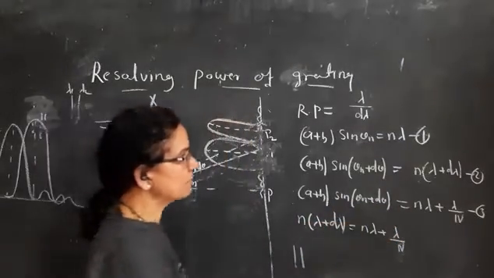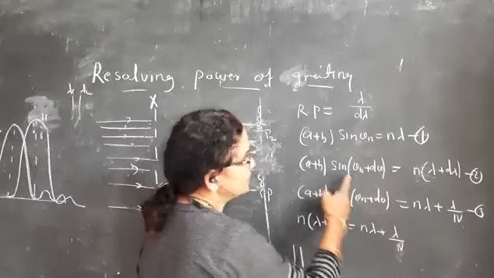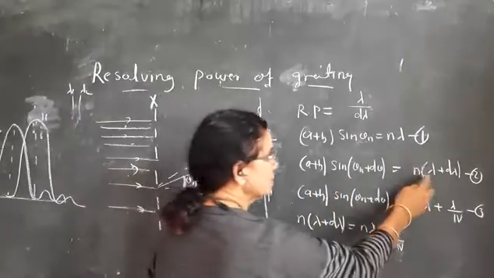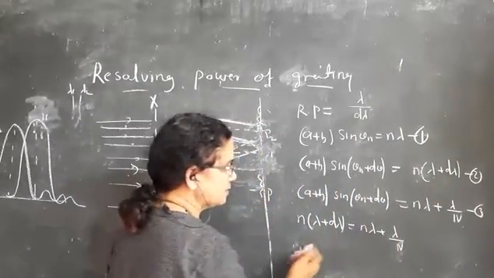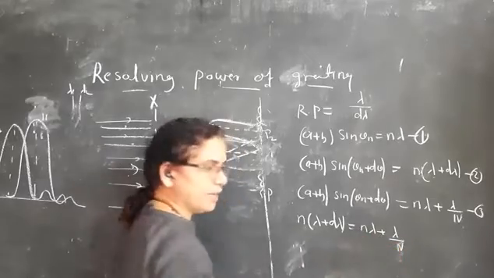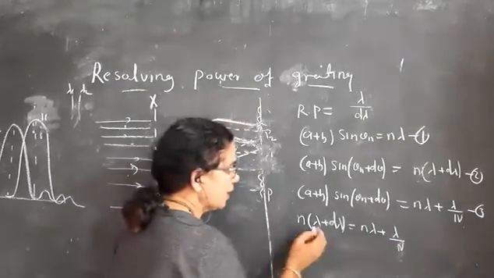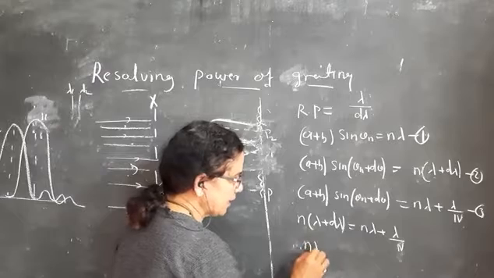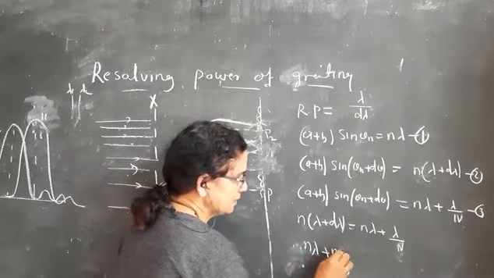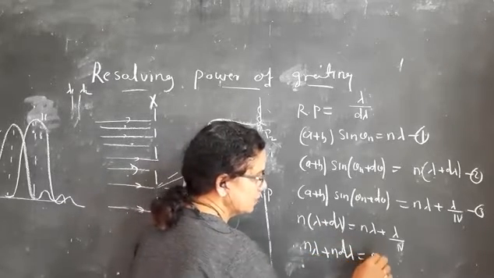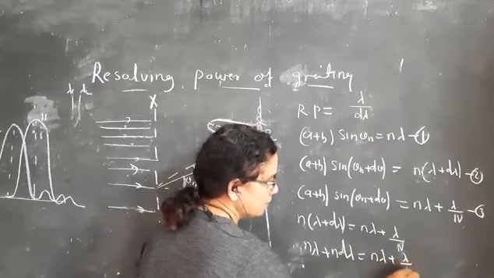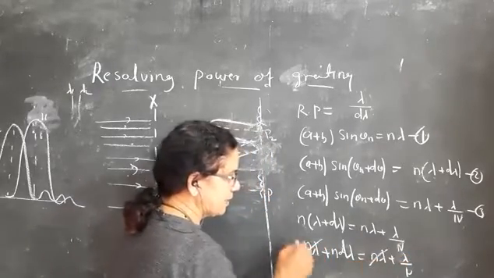So if I equate 2 and 3, the left hand side is the same. So n into (lambda plus d lambda) is equal to n lambda plus lambda by N. Now I'll simplify. I'll multiply: n lambda plus n into d lambda is equal to n lambda plus lambda by N. Correct? Now this n lambda will cancel.